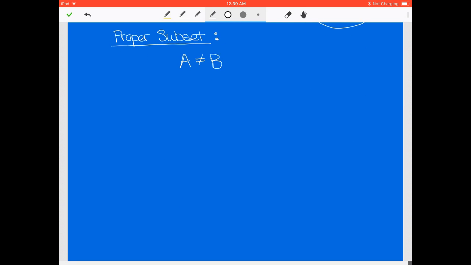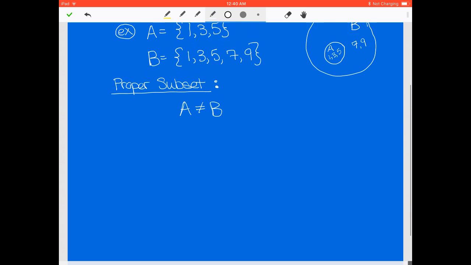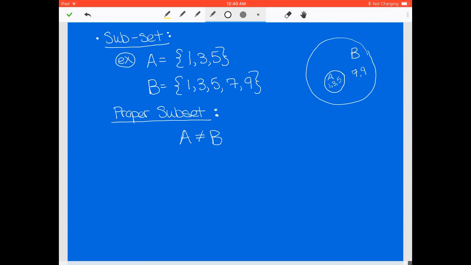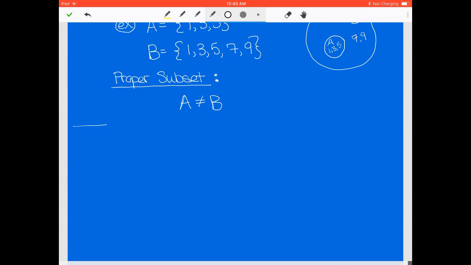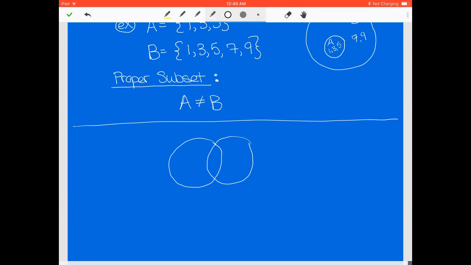Let's also look at some notation. Now, I'm going to ask you the question, what if we have some sets, like here we have subsets, but what if we have two sets and they look like this? And we have a set D and a set E, and they intersect right here.